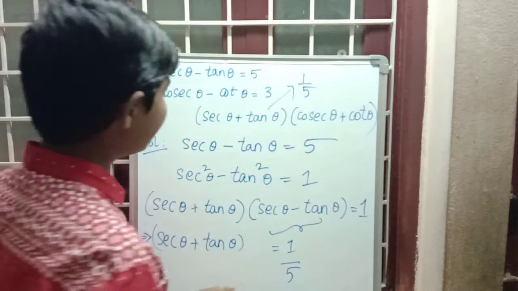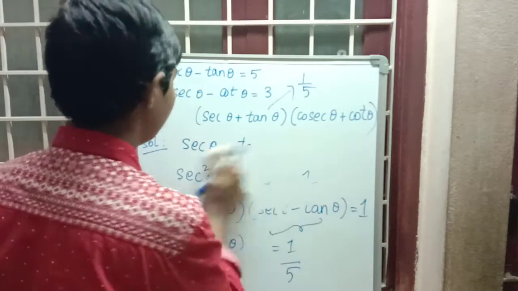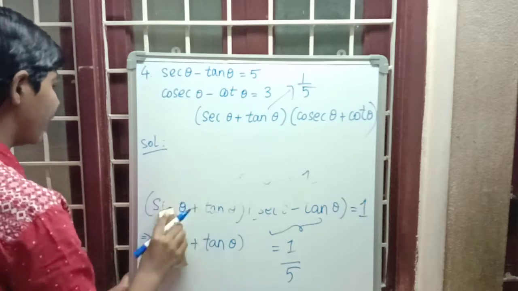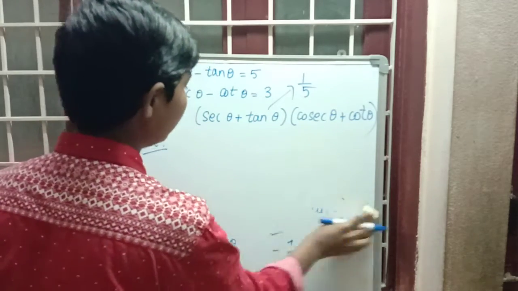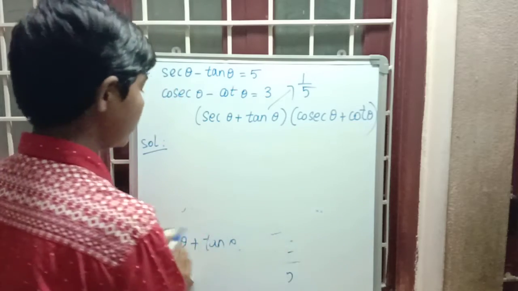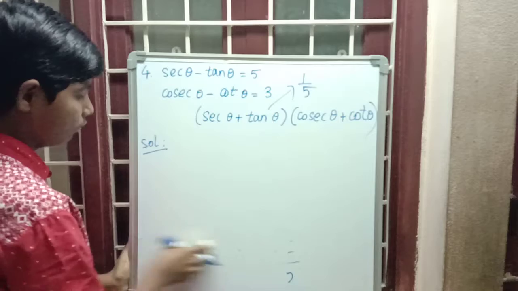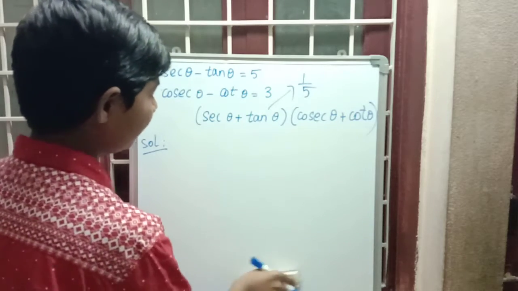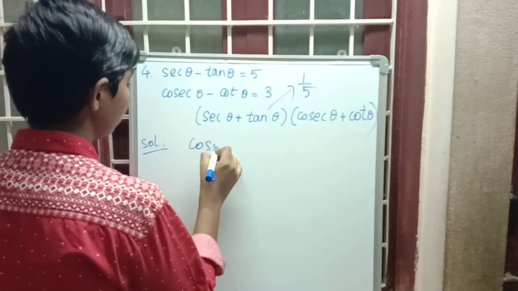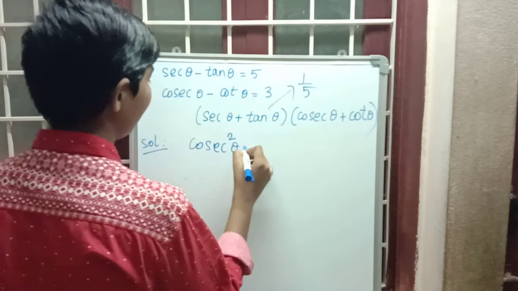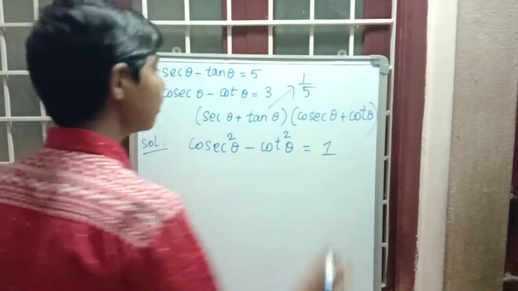Now we will follow the same procedure for cosecant theta minus cot theta. What is the trigonometric identity for the relationship between cosecant theta and cot theta? Cosecant square theta minus cot square theta is equal to 1, as we know.